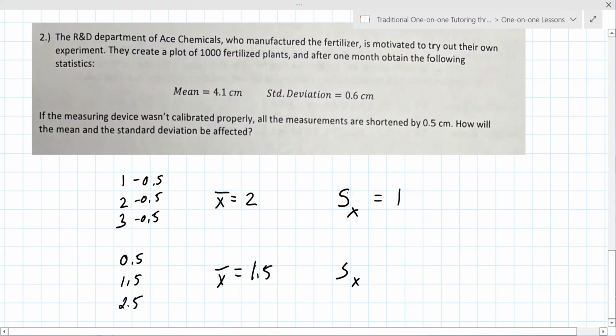And then I'm a little confused about the standard deviation part. I think I need a refresher on. It's under one variable stats.